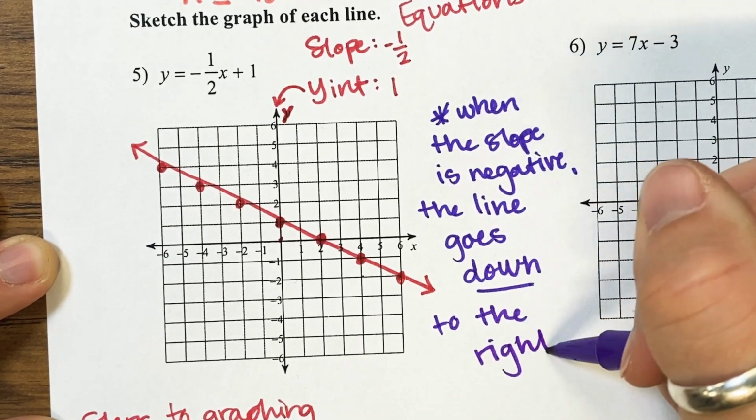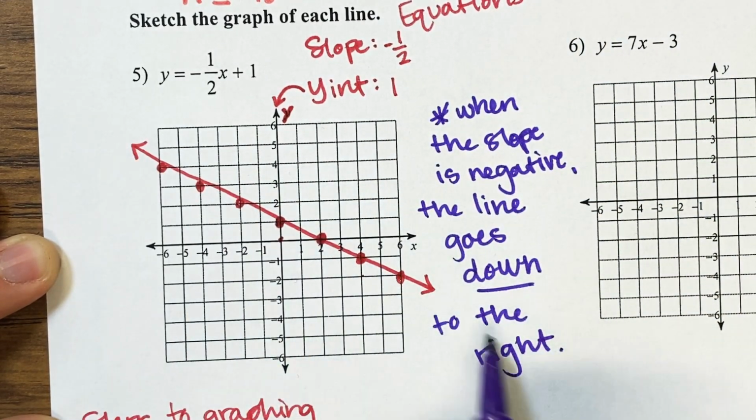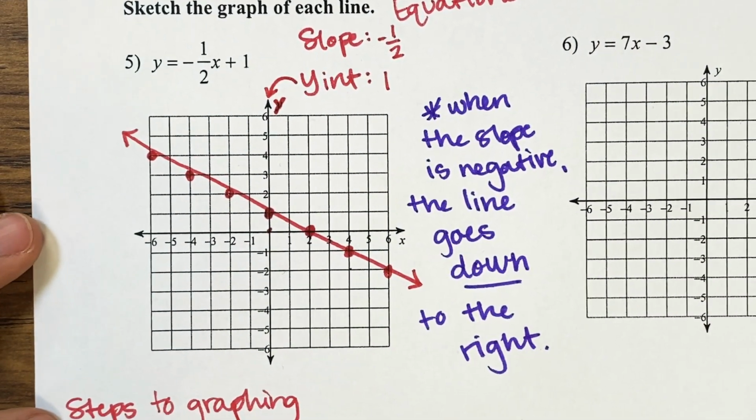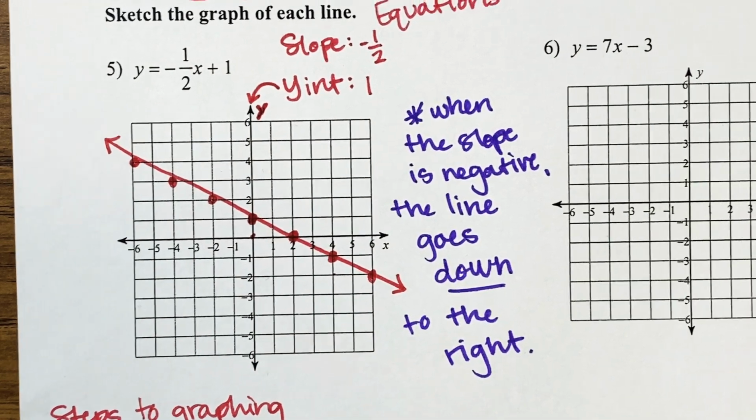Down to the right. So if we're moving from left to right, we see that our line is going down. That's an important note. Write that on your paper. Beautiful.